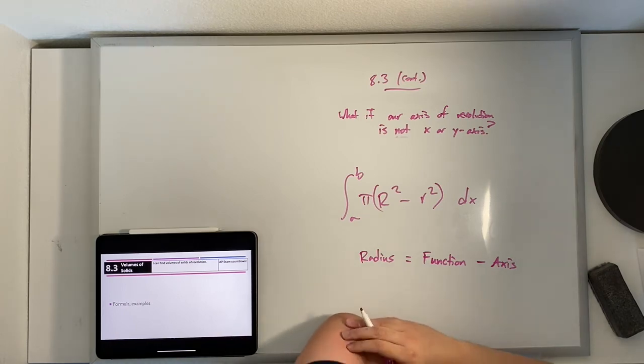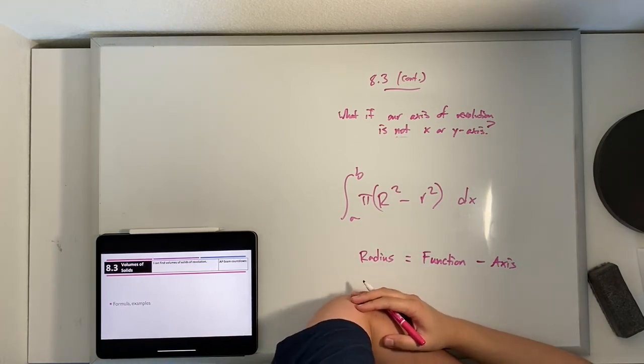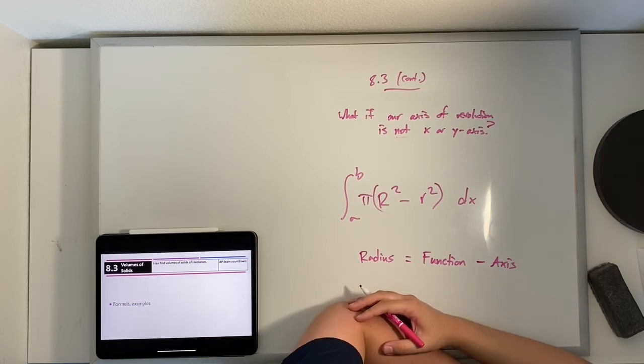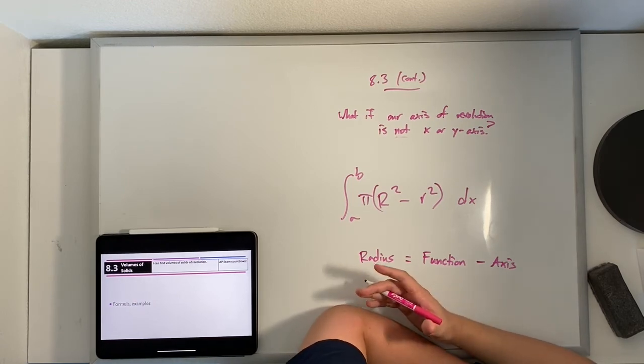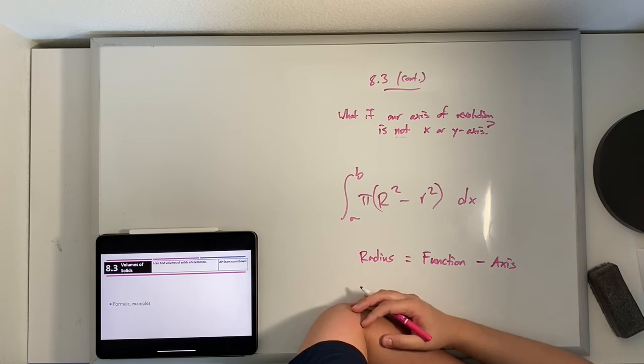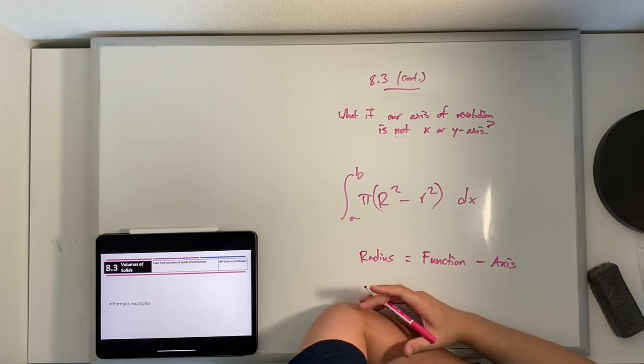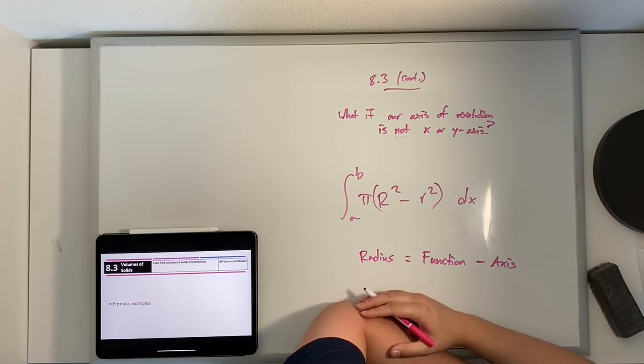Here's what I mean. For that last problem we had, big R is 1 minus parentheses y squared minus 2. If I'm squaring that, that ends up being the same value as y squared minus 2 minus 1, squared. Putting the function first, subtracting the axis. Our first example today, we had 2 plus e to the x for little r.